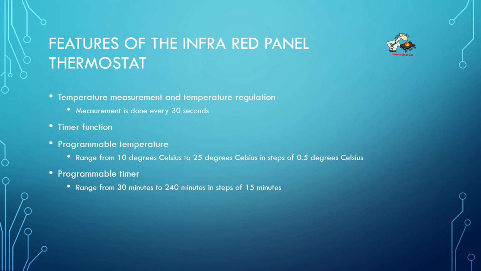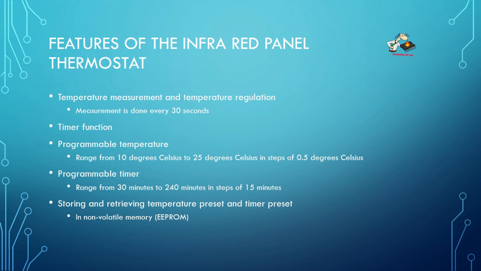There is also a programmable timer, in the range of 30 minutes to 240 minutes, in steps of 15 minutes. And those values for the temperature and the timer are stored in non-volatile memory, so when you switch off the device and you switch it on again, it still remembers the previous settings.